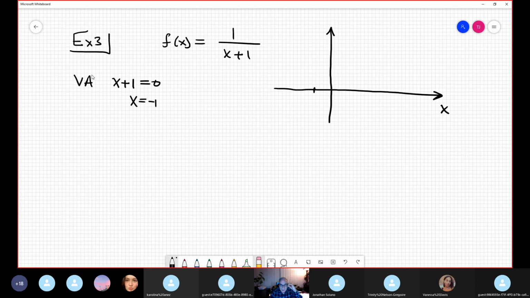Negative 1 here, we have 1 vertical asymptote. And the horizontal asymptote, we have also, yes, because the degree of the numerator is 0, it's a constant, and the degree of the denominator is 1. We have a special case at y equals 0. Okay, so we have this.